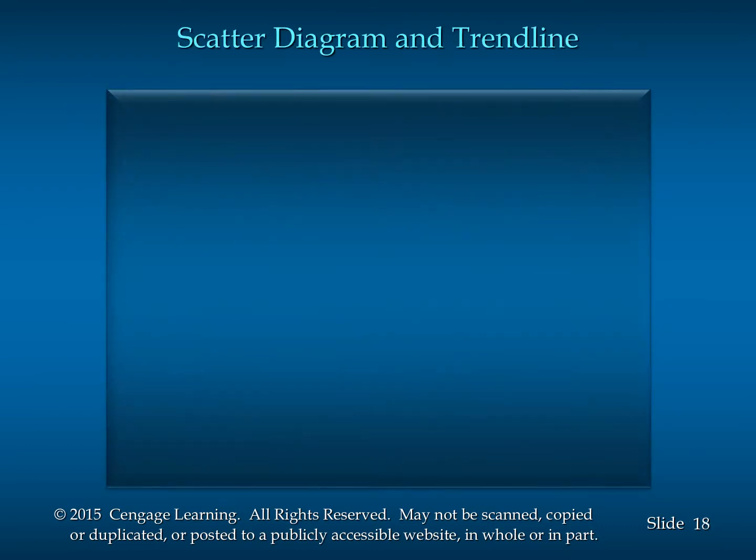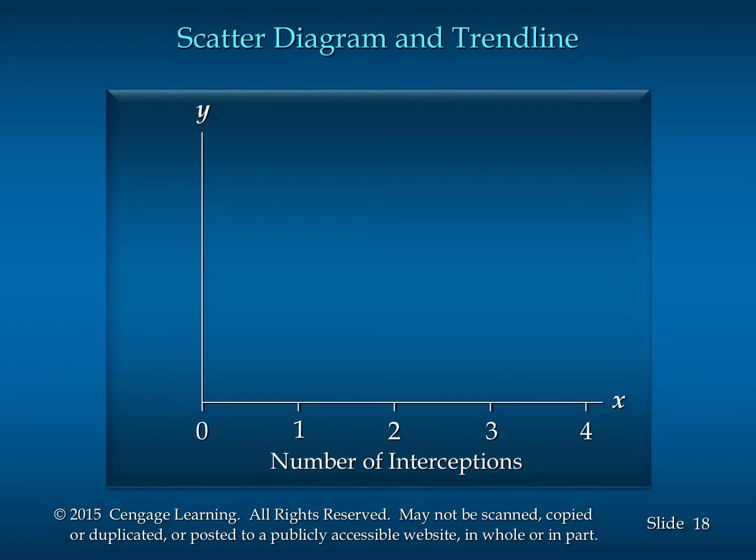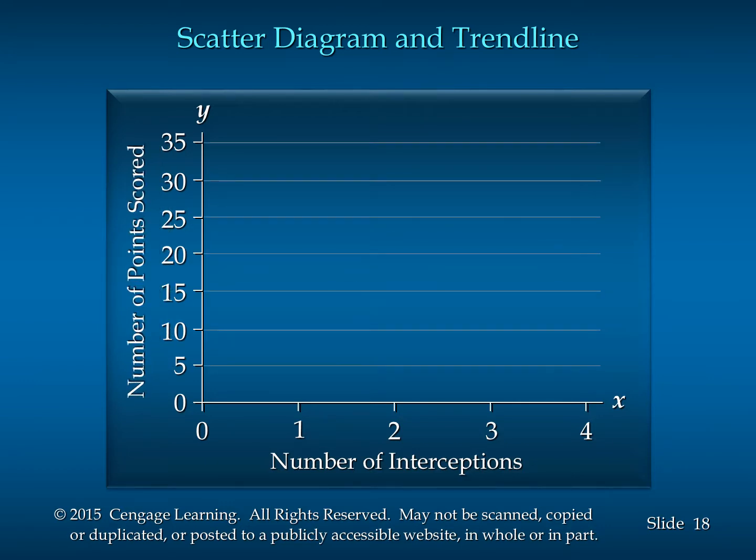If we convert that into a scatter diagram, you'll see that apparently as the number of interceptions increases in a game, the number of points scored also increases. So we have a positive relationship. But we need to be careful. We only have 5 data points, and when you try and draw a straight line through only 5 data points, there is a risk that you would be drawing the wrong conclusion.